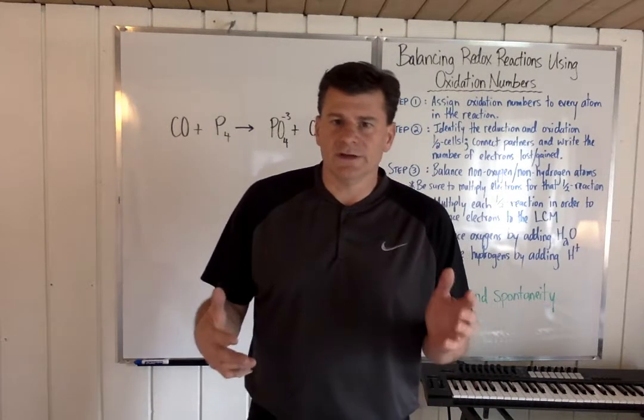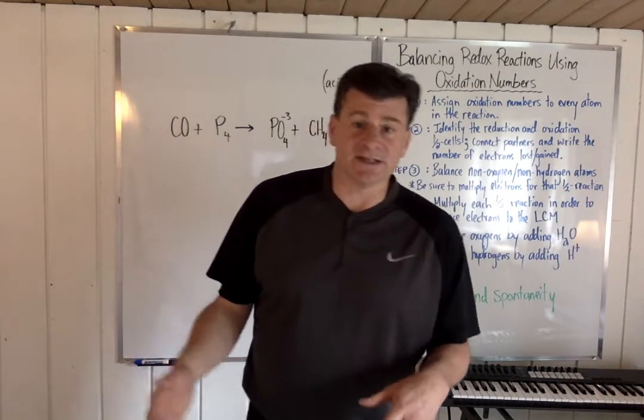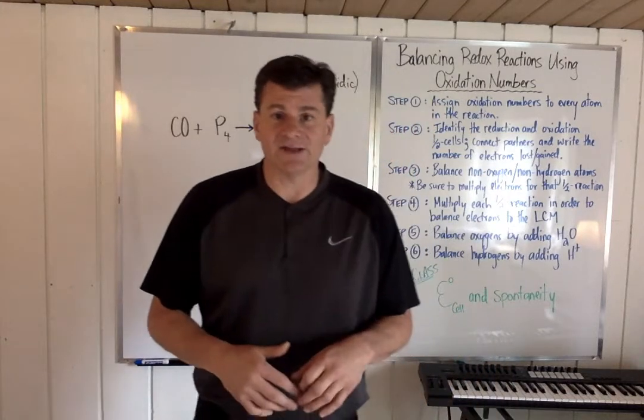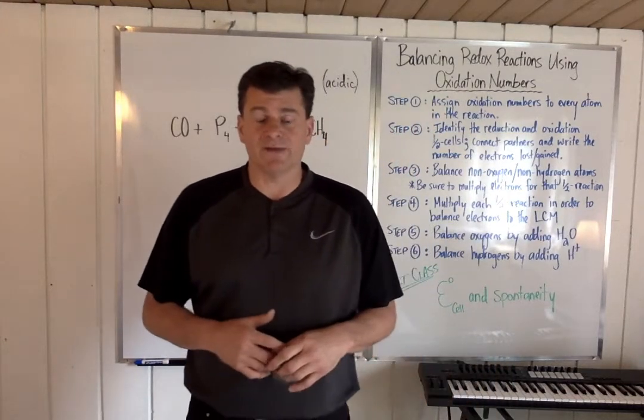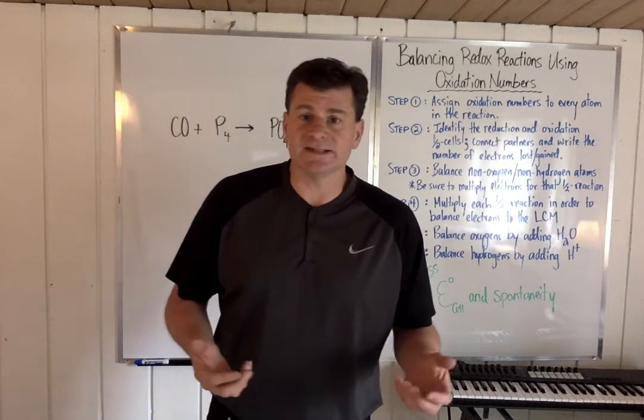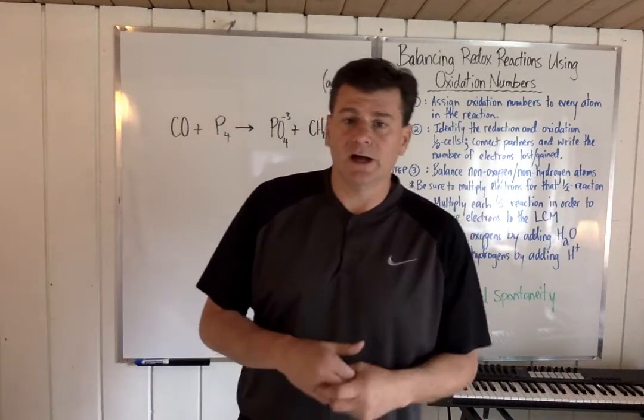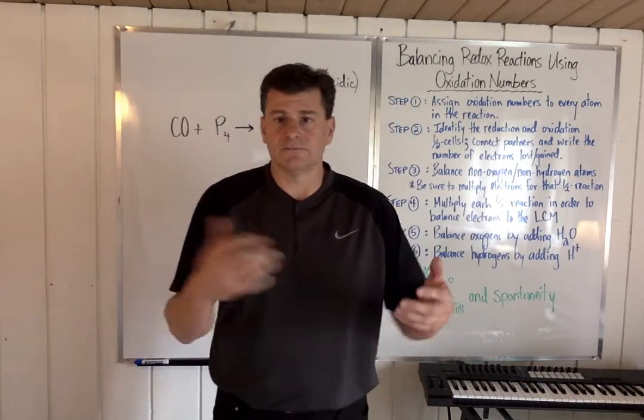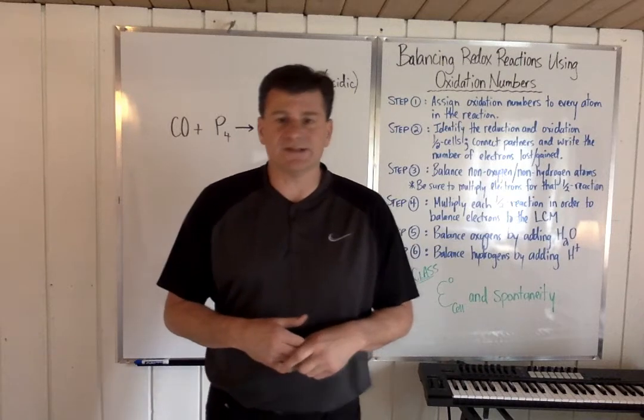So once you learn this technique, you might say, forget the half-cell method, I'm going to stick with this method. And that may very well be the case. Both of them work. There are certain benefits to each one of them.